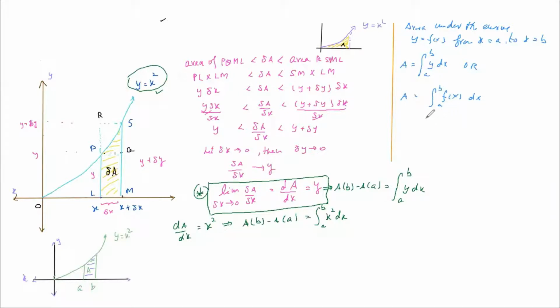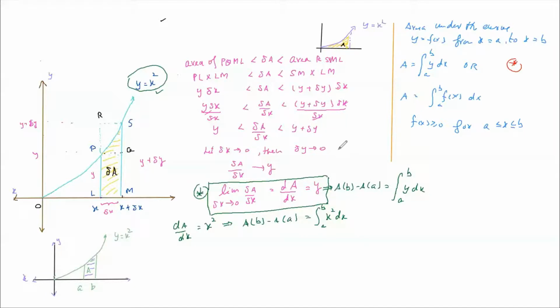This is where f of x must be greater than or equal to 0, for x less than or equal to b and greater than or equal to a. So this is a formula, how to integrate. So this part is already okay. Now everyone try to take a look at this one more time.